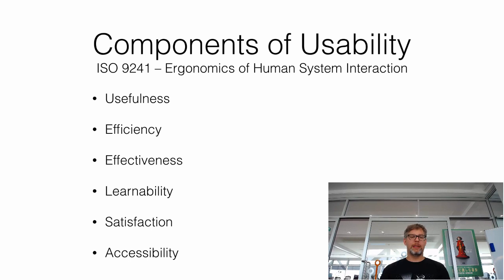The reason I bring this up is that if something becomes an ISO standard, it has a certain traction and importance. So if your client can claim it's complying to ISO norm 9241, that looks pretty good, right? But I also want to draw your attention to one thing in there, which is called satisfaction.